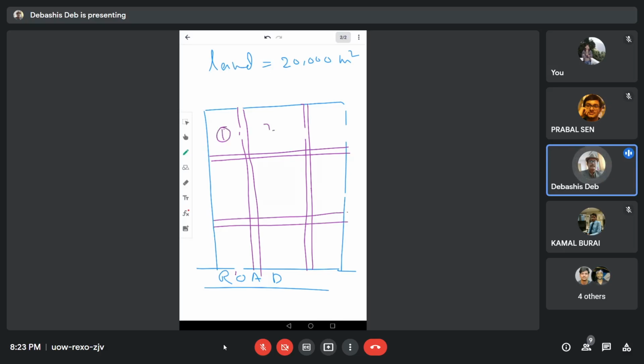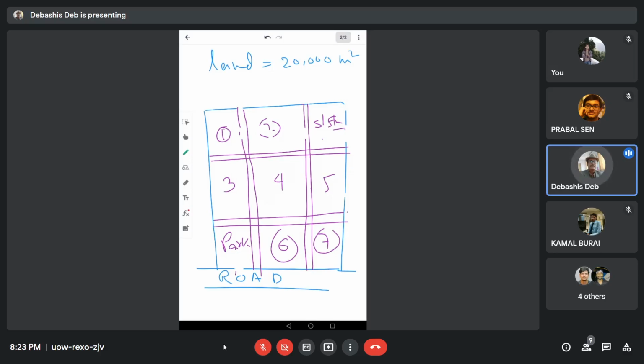One, two, here substation. So this plot cannot be sold. Three, four, five. It is a park. It cannot be sold. Six. Say he subdivided the entire area into seven plots.